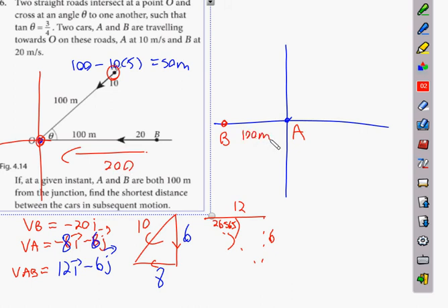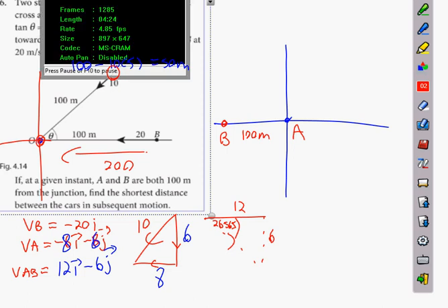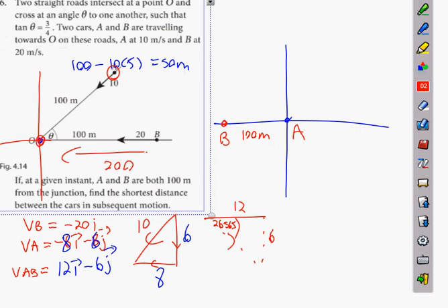Now all of a sudden, your VAB, which way is it now? It is that VAB, okay? We're just going to extend it backwards. So, we have this line here, the 12I minus 6J going this way.